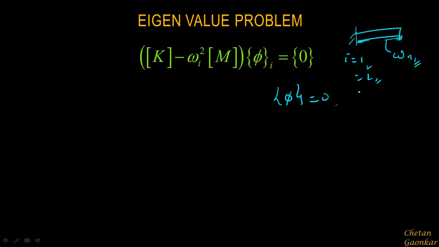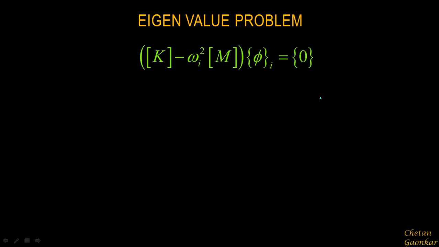But that will become a trivial solution, right? The reason is, it will not give us any insight into this problem or any useful results. So we'll neglect this trivial solution, and we will try to see how to obtain the solution of this equation without going into the trivial solution.